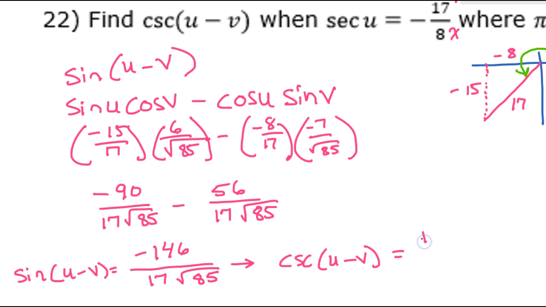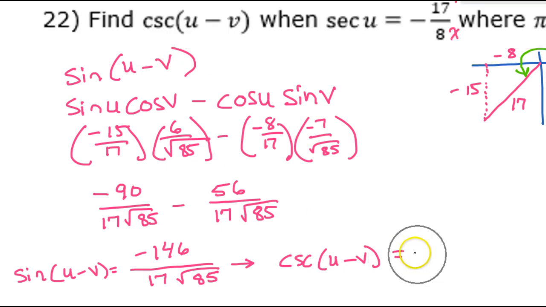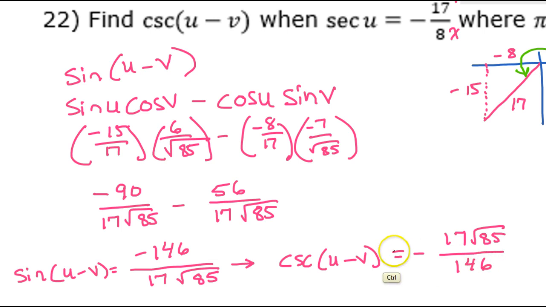So it's going to be negative, I'm just going to put the negative in the front. So this is going to be negative 17 radical 85 over 146. So that is the final answer.